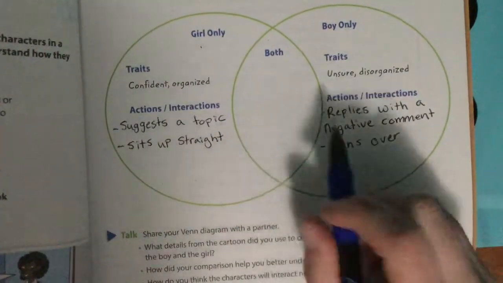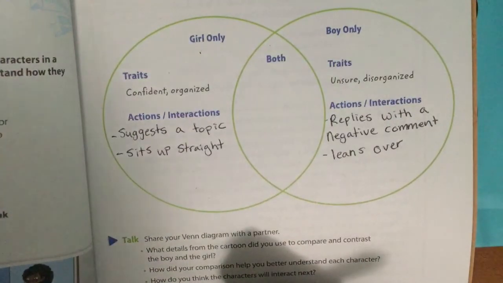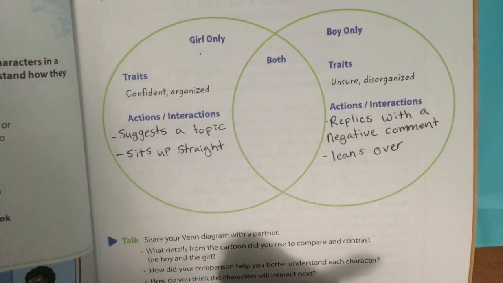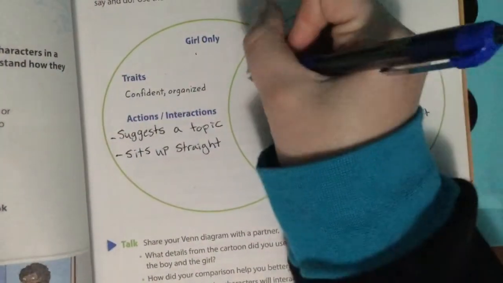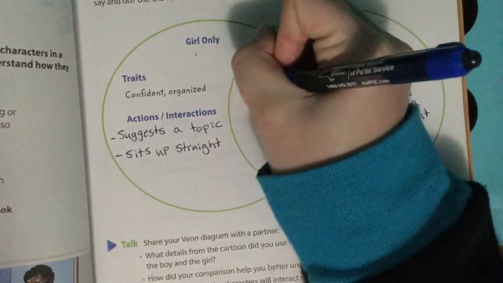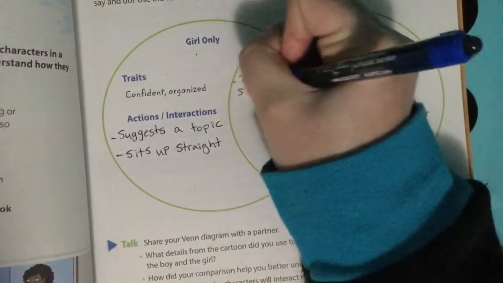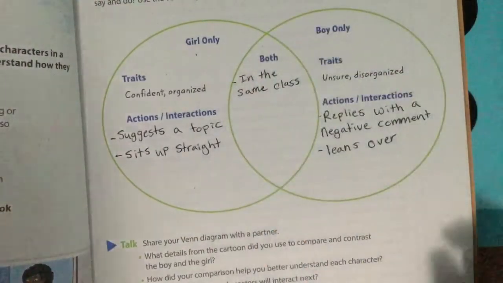Now, what similarities can we take from this picture? Well, what are the obvious things? They are in the same class. And sometimes it is okay to take that very obvious answer. So they are in the same class.